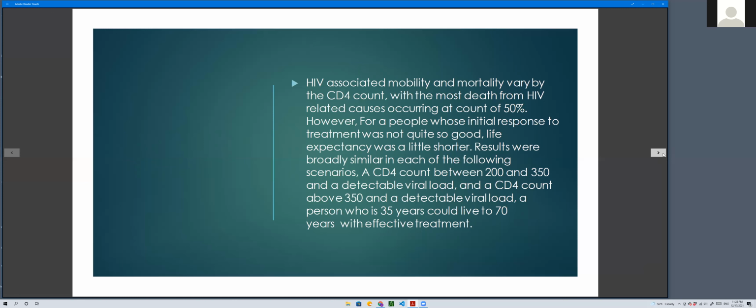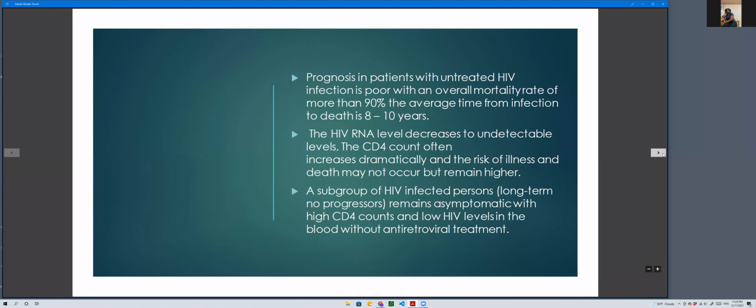Results were broadly similar in scenarios with a CD4 count between 200 and 300 and an undetectable viral load, and a CD4 count above 350 and a detectable viral load. A person who is 35 years old could live to around 70 years with effective treatment.